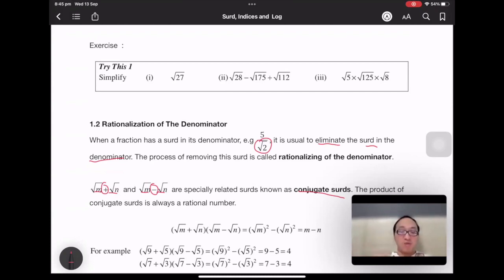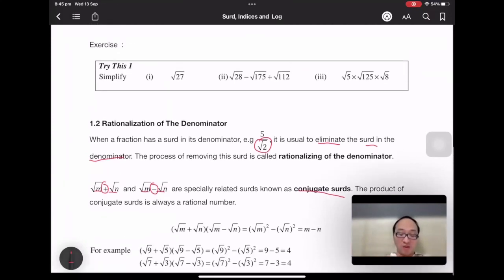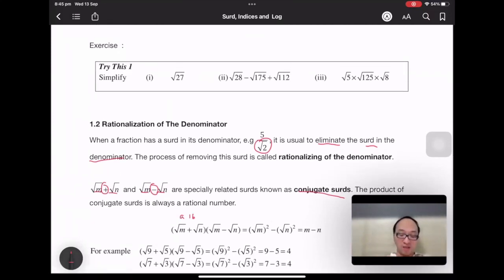So what will happen when we multiply this number with the conjugate? It will follow the rule of a plus b times a minus b equals a squared minus b squared. From here, a is root m, b is root n.